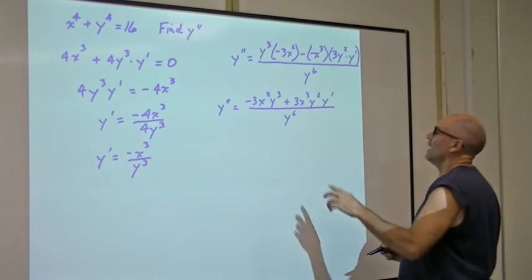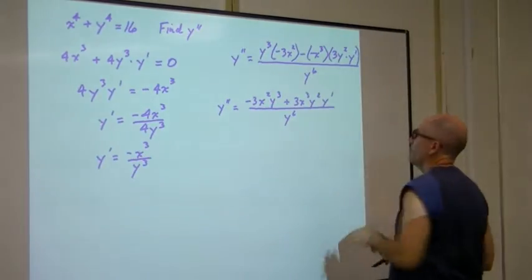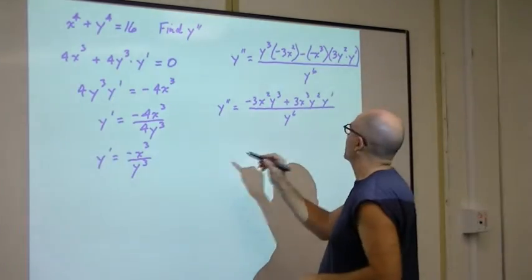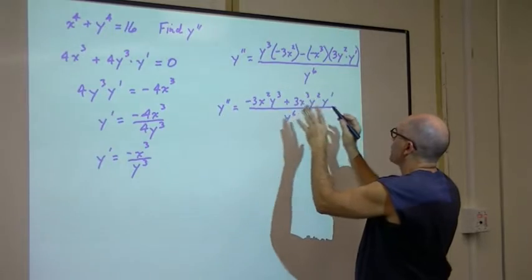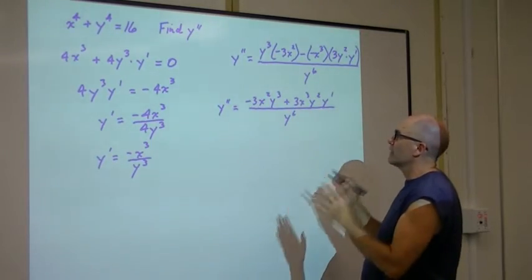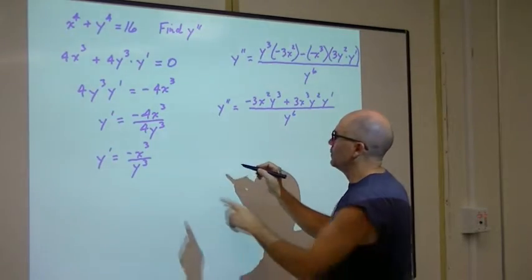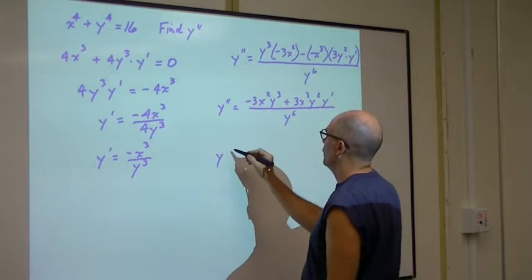Okay, the last thing we need to do is plug in our y prime for what we know y prime is, because we can't have y double prime as a function of y prime. We need to get everything in terms of x and y. So we substitute the y prime in here.